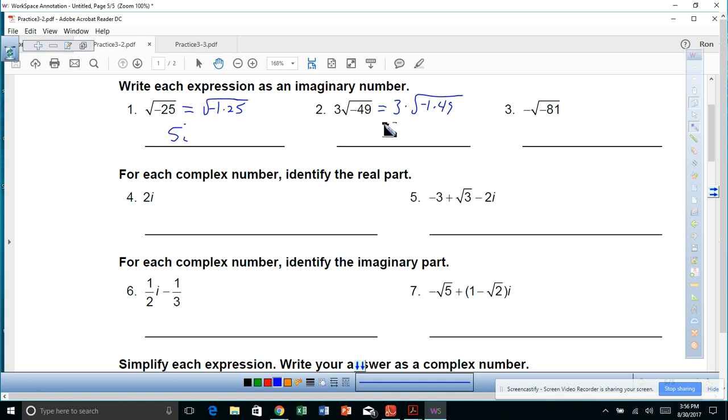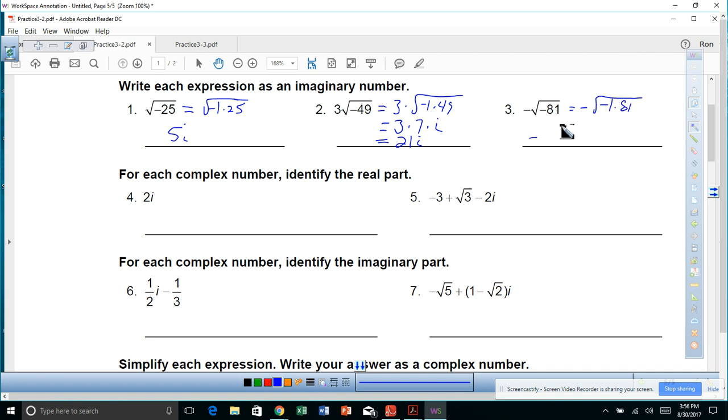So we're going to have 3, and then the square root of 49 is 7, and then the square root of negative 1 is i, so I get 21i. Not too shabby. What about here? We've got negative, and then that's going to be the square root of negative 1 times 81.